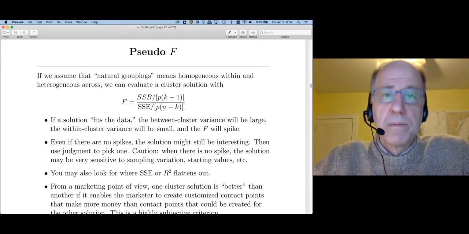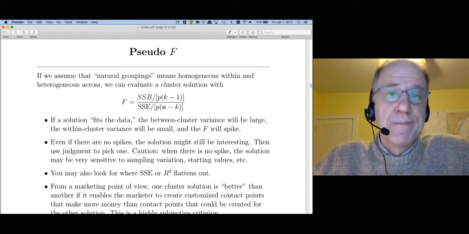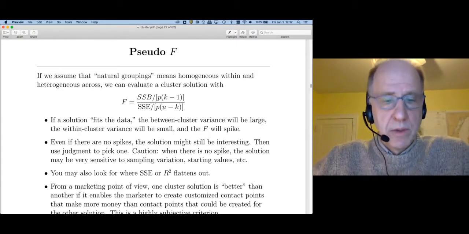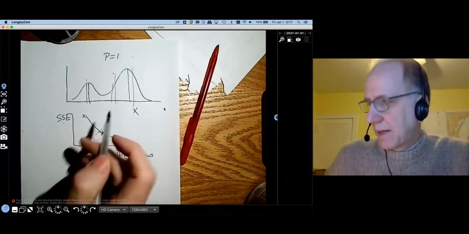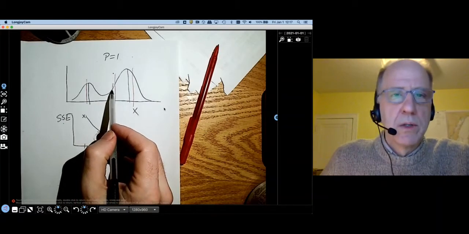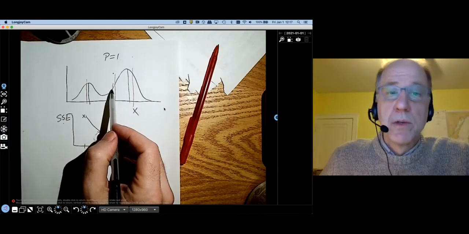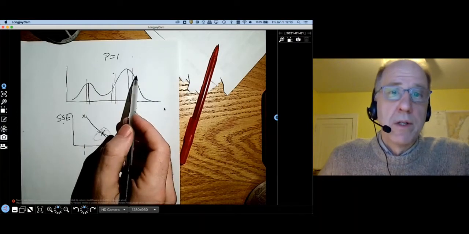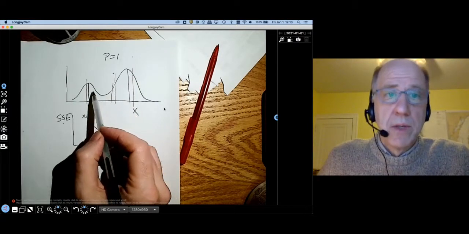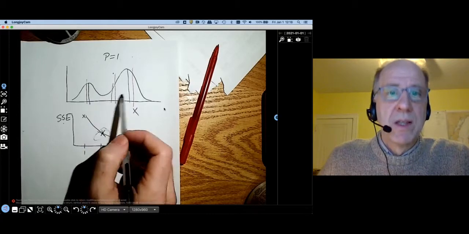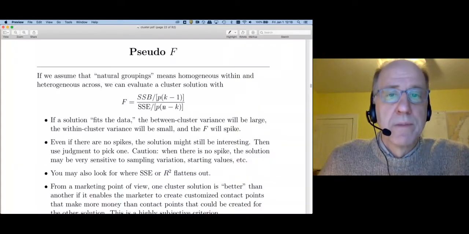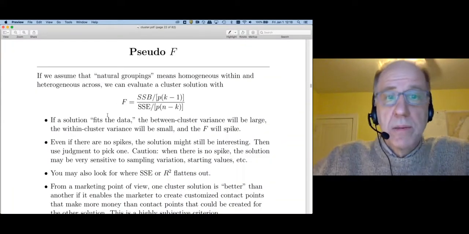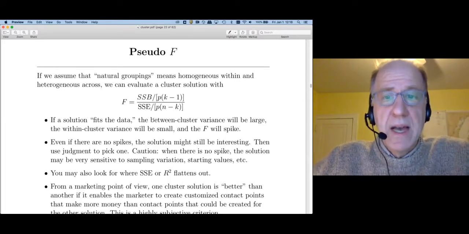Hopefully the between group gets larger whenever you have a cluster solution that really fits the data. So if you come back to this, the one cluster solution, as soon as we go to 2 clusters, we end up with very large between group variance. The within group variance falls a lot when you go out to 2 clusters. And what you'll see is that there'll be a large spike in this F.